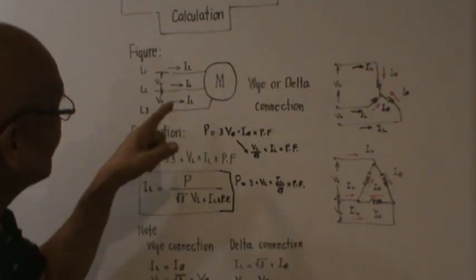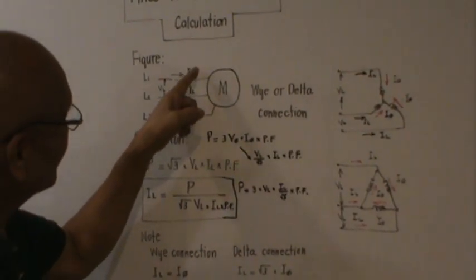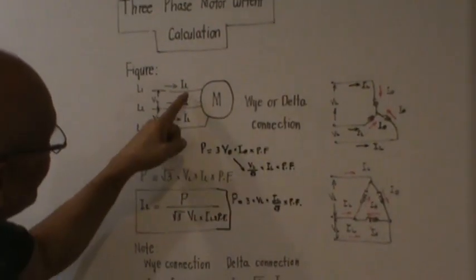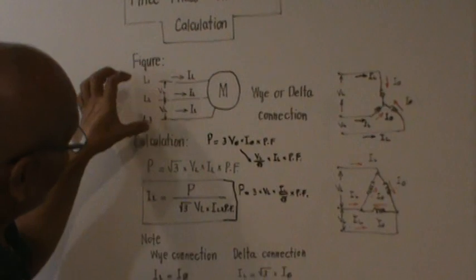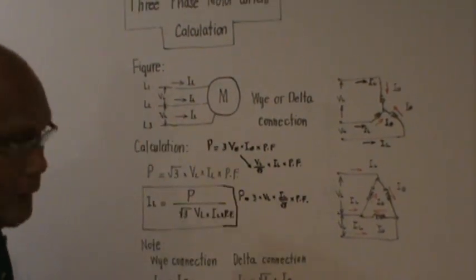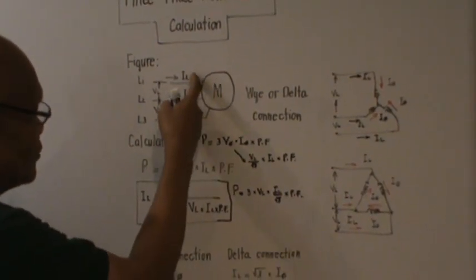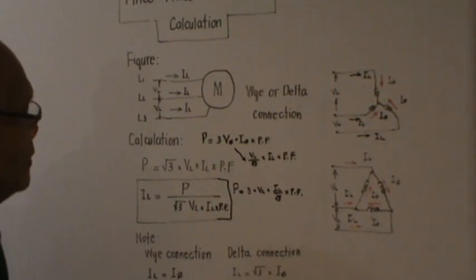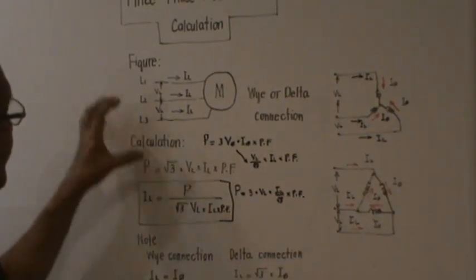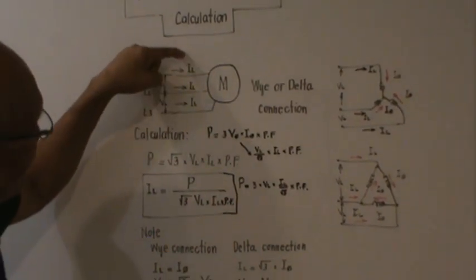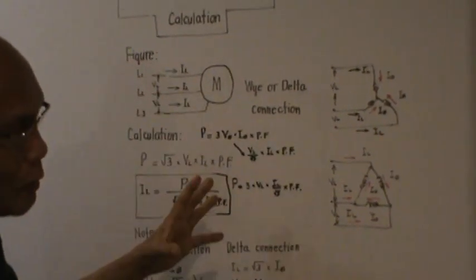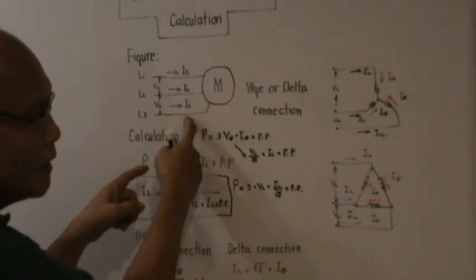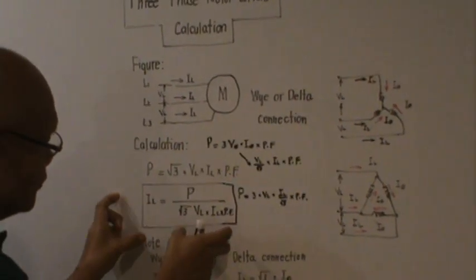I didn't place any subscript here, but there should be IL1, IL2, and IL3 because they are all the same. I just place it simply as I sub L. To compute for the current consumption IL, meaning IL1, IL2, IL3, all designated by I sub L, we must use this formula here.